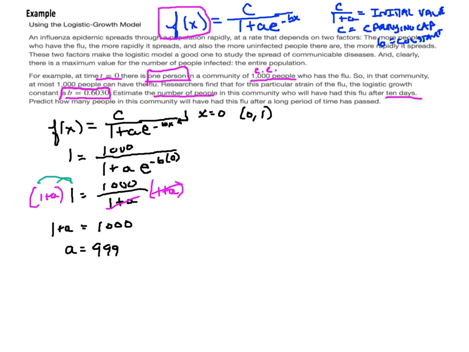Okay, so the next question they ask is, what about after 10 days? How many people are infected?